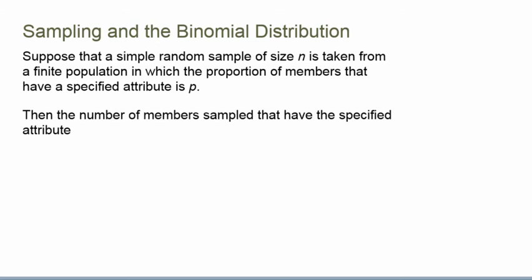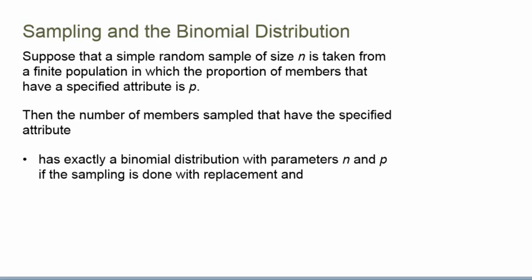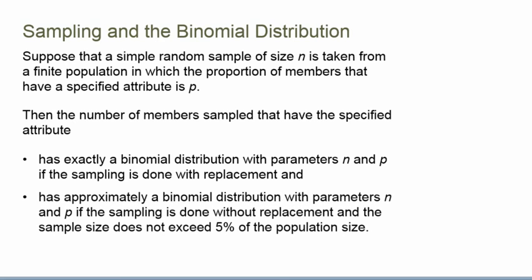Then the number of members sampled that have the specified attribute has exactly a binomial distribution with parameters n and p if the sampling is done with replacement, and has approximately a binomial distribution with parameters n and p if the sampling is done without replacement and the sample size does not exceed 5% of the population size. So these are the parameters that we use to decide if we can use a binomial distribution with our sample.